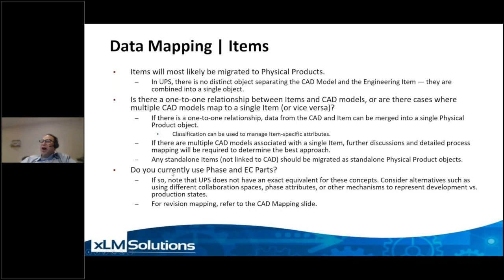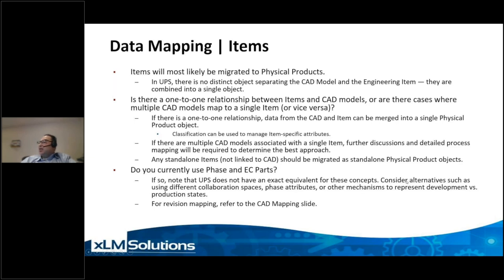When dealing with items, we always want to talk about phase and EC parts versus design parts. And a lot of customers are again using a development and a production phase or even different data types. So again, UPS doesn't have the equivalent for these concepts.